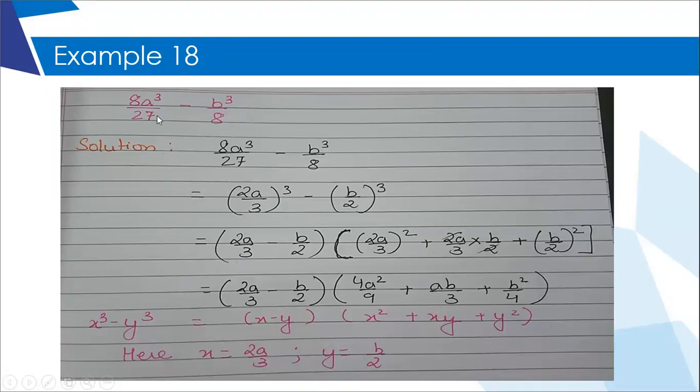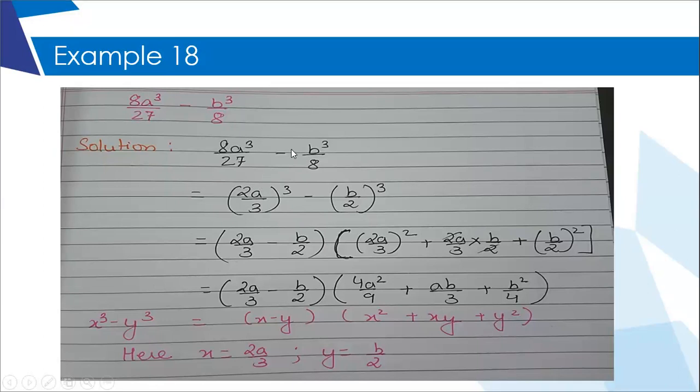So 8a cube upon 27: 8 and 27 are perfect cubes of 2 and 3, and b cube by 8 is nothing but b by 2 whole cube. Now your x and y are fractional, but the procedure will remain the same. And here I have used a second identity, which is x cube minus y cube. Why?